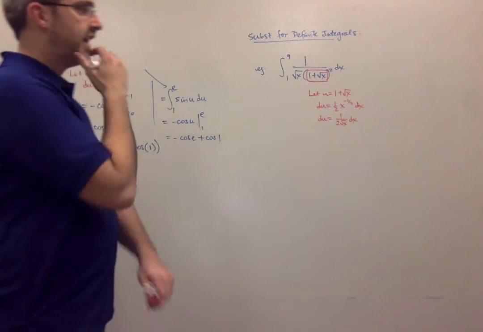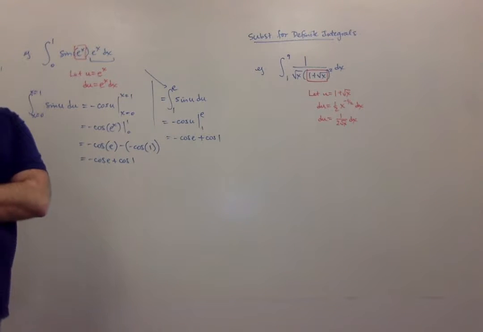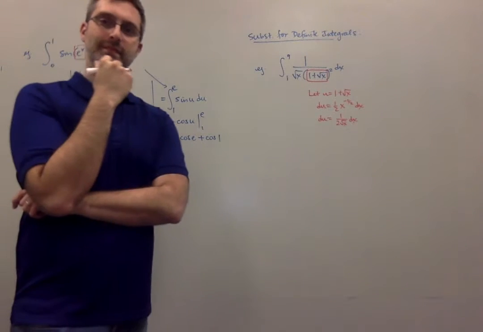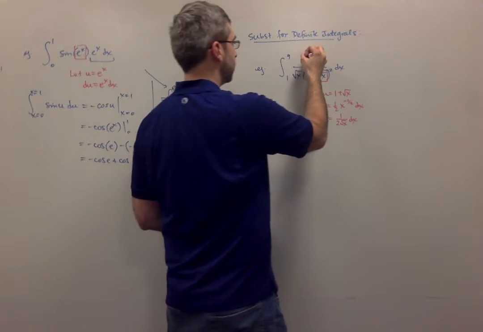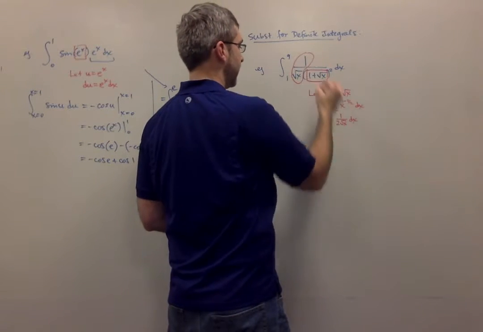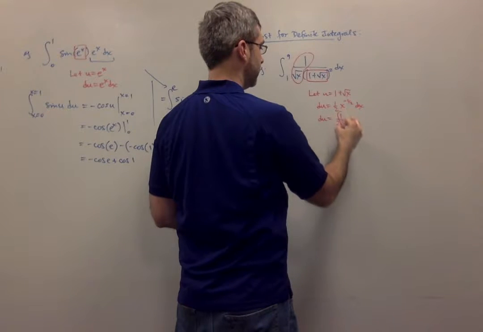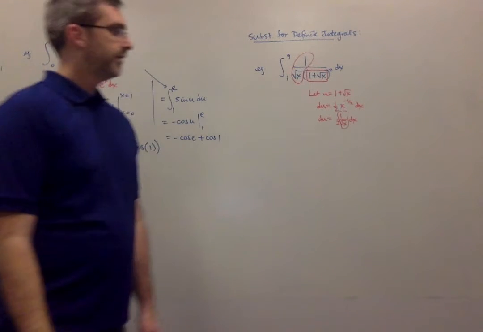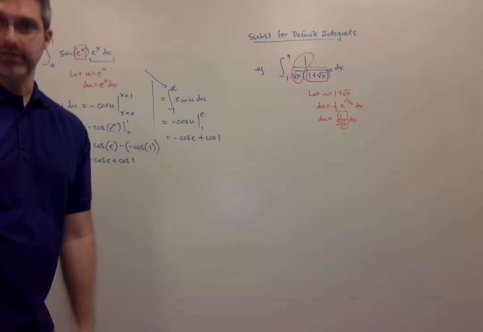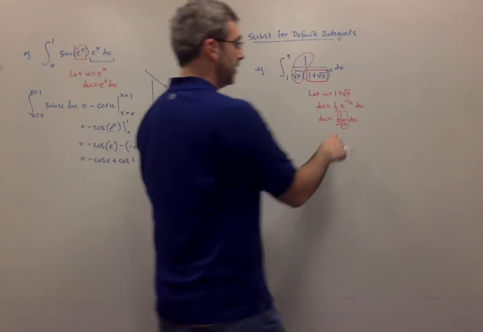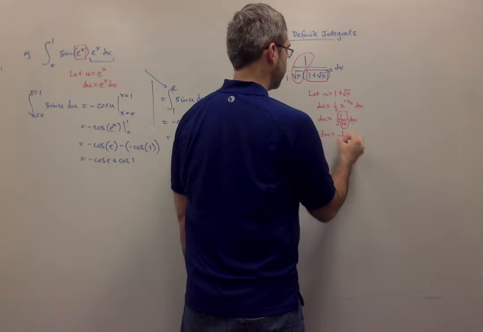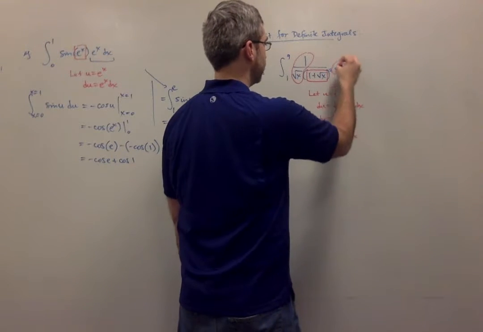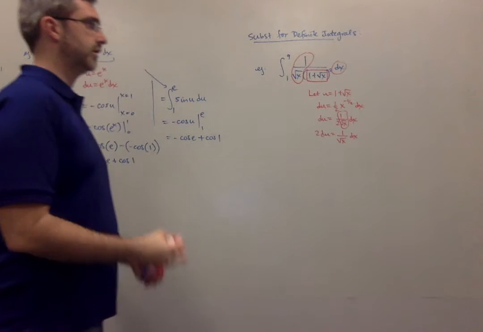Do you see anything in there that looks kind of like that? You should. This 1 over root x right here is actually part of that, and it's actually cooked up that way. It's supposed to be there on purpose. So if I move this 2 to the other side, I've got a 1 over root x dx, and that's that part right there that I've just circled.